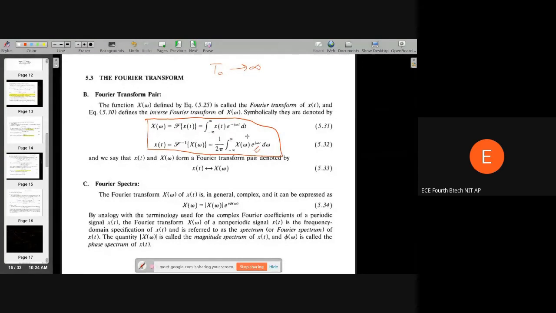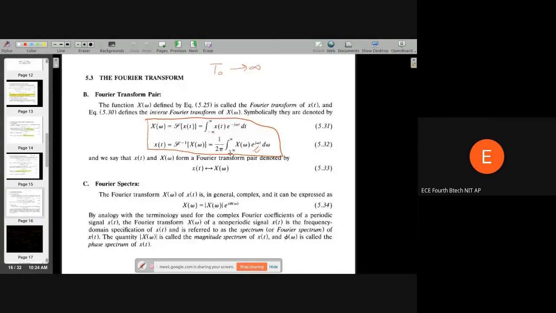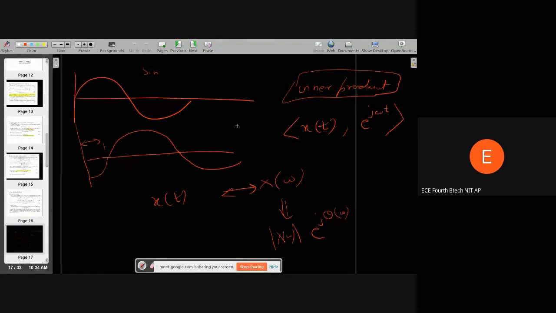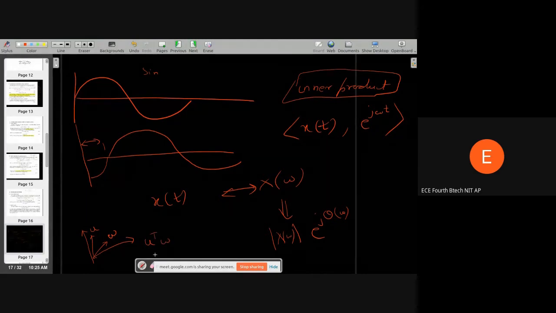So I was talking here about the concept of inner product. How do you get your Fourier X of omega? You see, x(t) and e to the power minus j omega t. This is called an inner product. In vectors, if we have two vectors u and w, you must have heard about the dot product, u transpose w or u dot w.